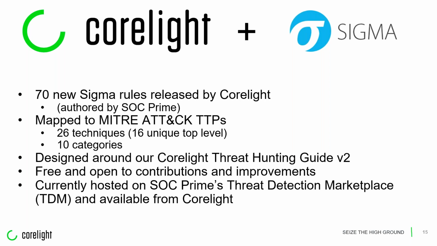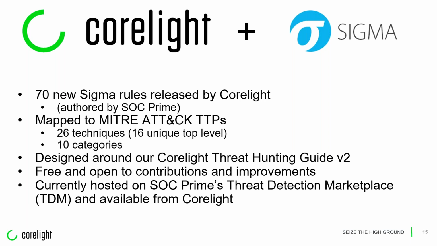We first wanted to host these on the threat detection marketplace so they could get as much exposure as possible, and they are available there; we'll show you how to get access to them. We also have them accessible directly from Corelight. We can send you the rules bundle as a zip file if you want.